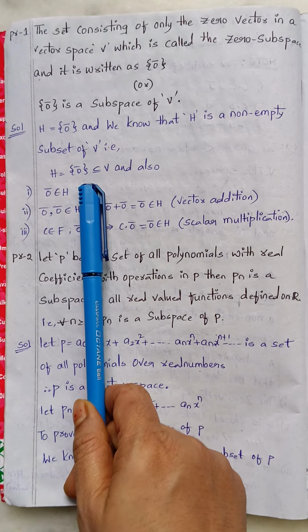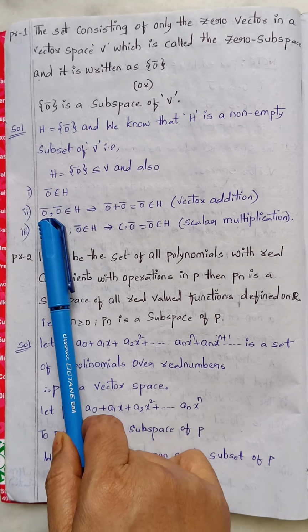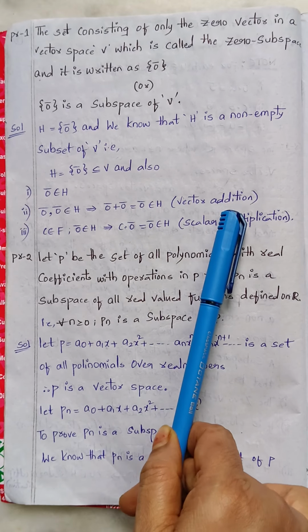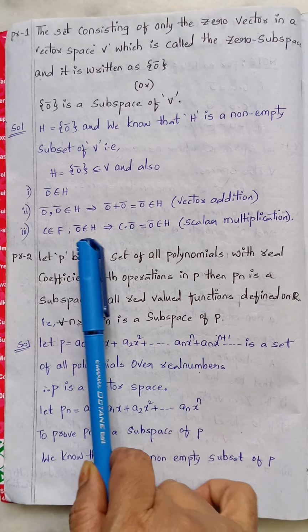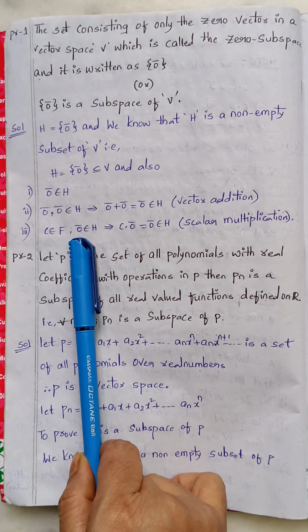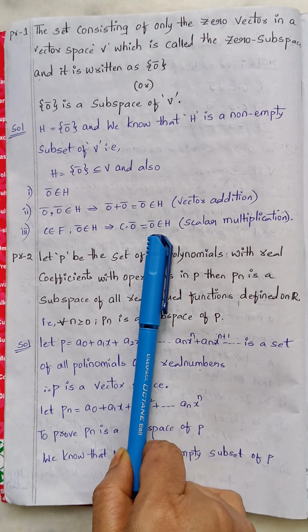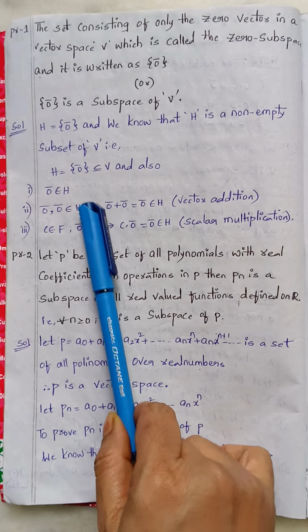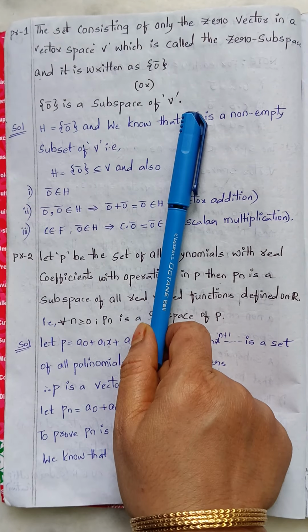Here only one vector is there, so take the same vector twice, and when you add, the same vector comes, which also belongs to H. So vector addition is proved. Similarly, for scalar multiplication, take any scalar and the vector, and the product is the same vector, which belongs to H. So it satisfies the three conditions, meaning 0 bar is a subspace of V.